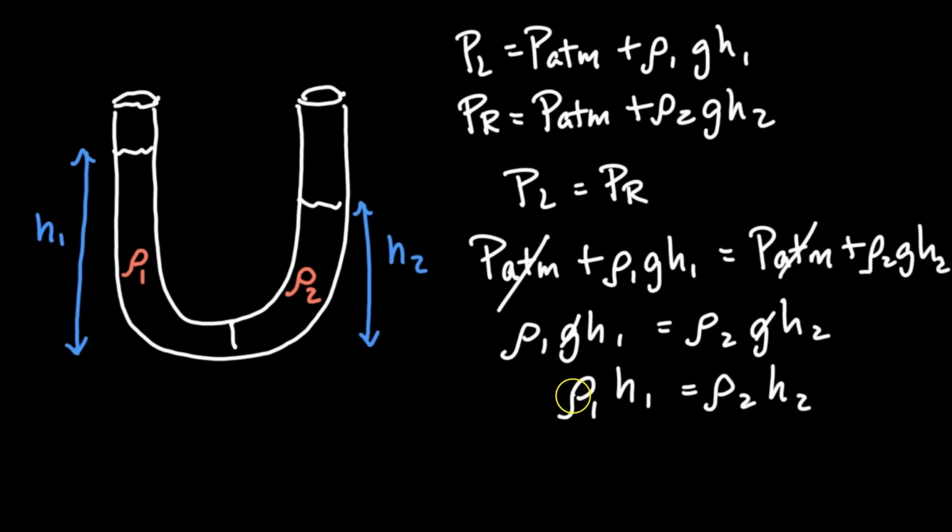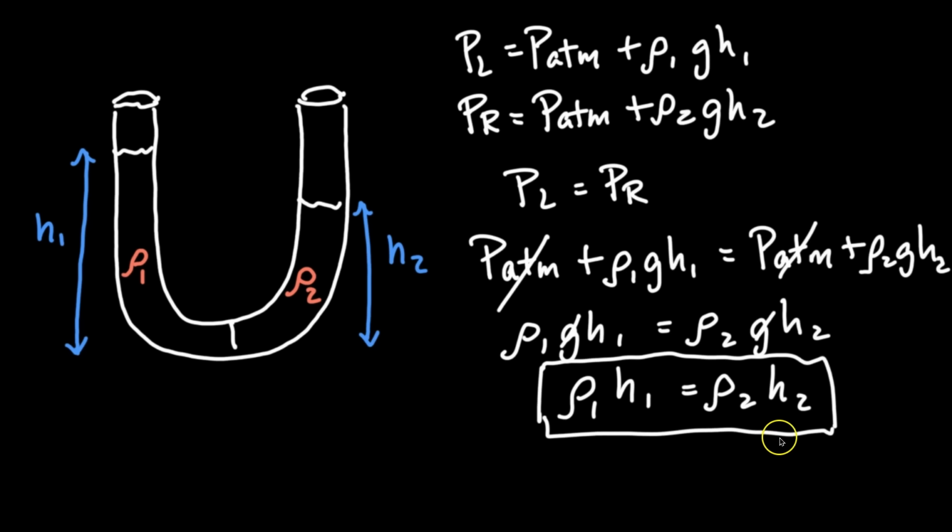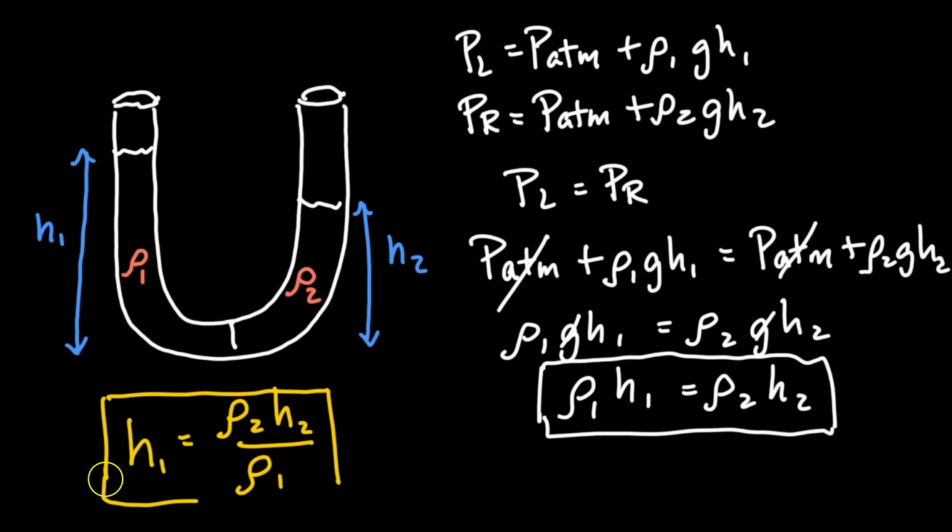Notice that the g's cancel out, and that gives us rho 1 H1 is equal to rho 2 times H2. To solve for H1, we can divide by rho 1 on both sides, and we get H1 is equal to rho 2 times H2 divided by rho 1. This problem reminds us that at the same depth, we have the same pressure.